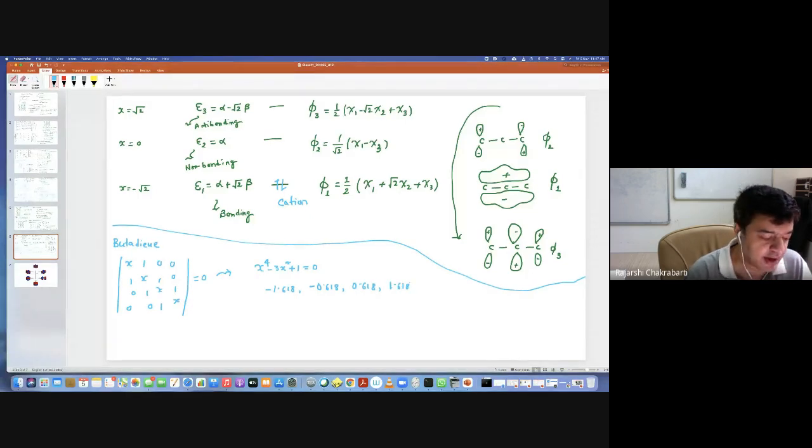These are the values of x. Then it will give you the values of energy levels, script E1, script E2, script E3, script E4. So let us write it down. Let us go to the next slide.